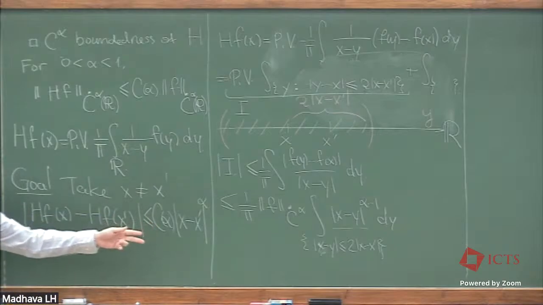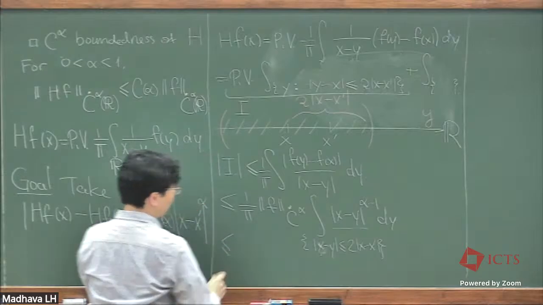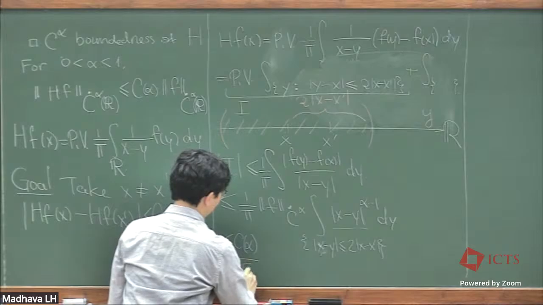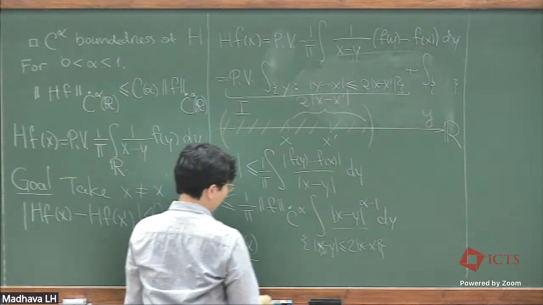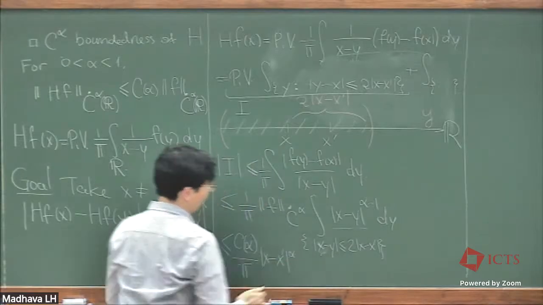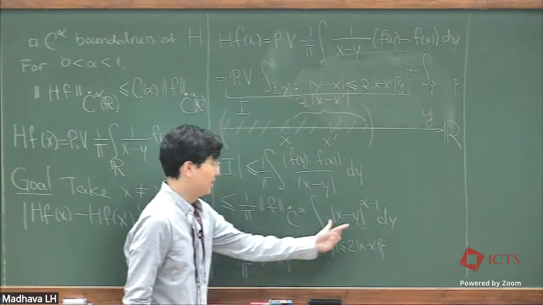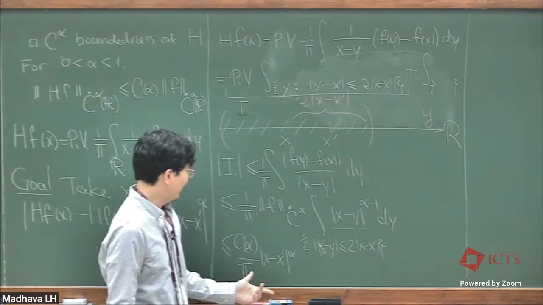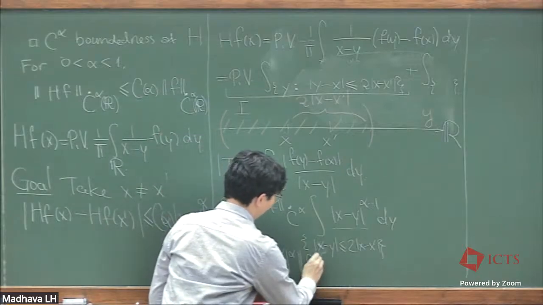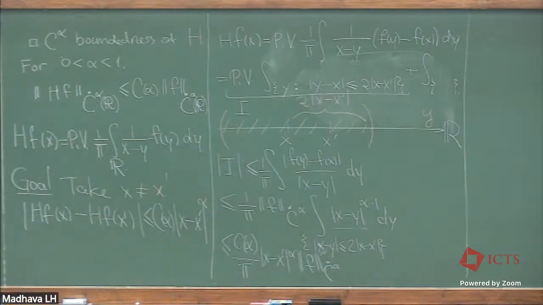So you calculate this integral. You get some constant depending on alpha times x minus x prime to power exactly alpha, because it's alpha minus 1, and then you integrate. This is integrable if alpha is positive, and you get exactly this times the norm.